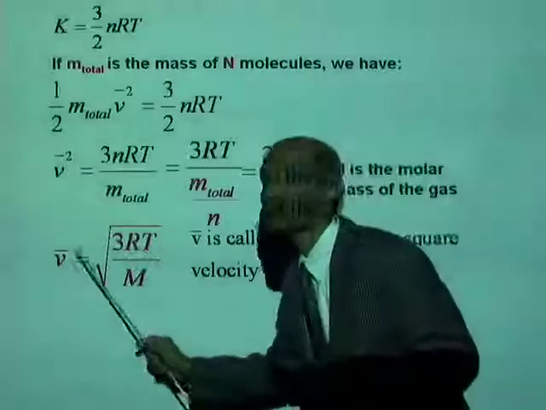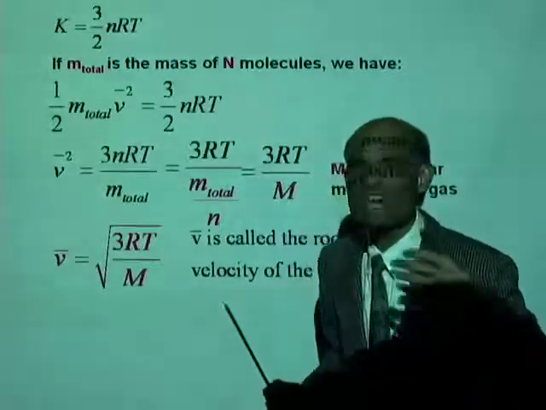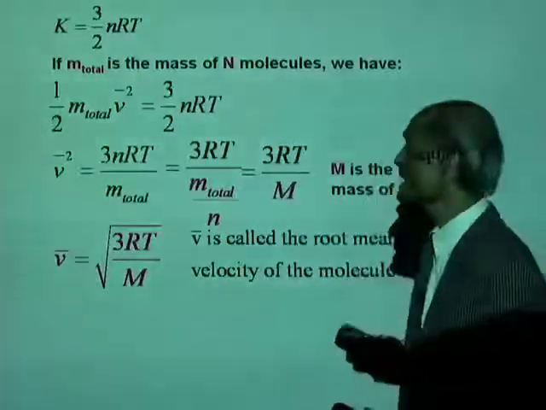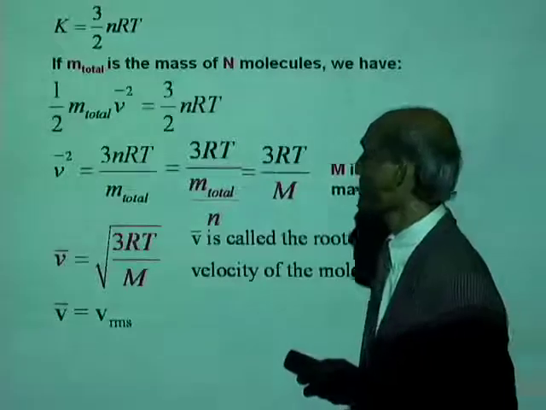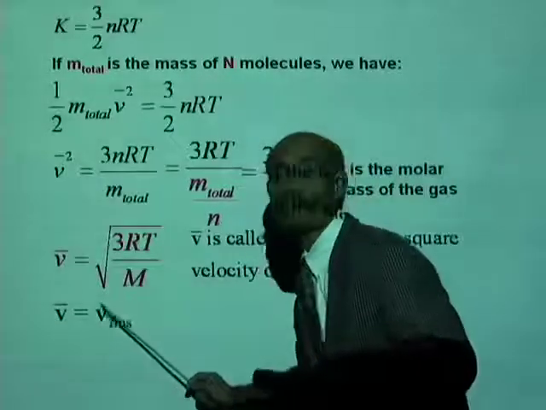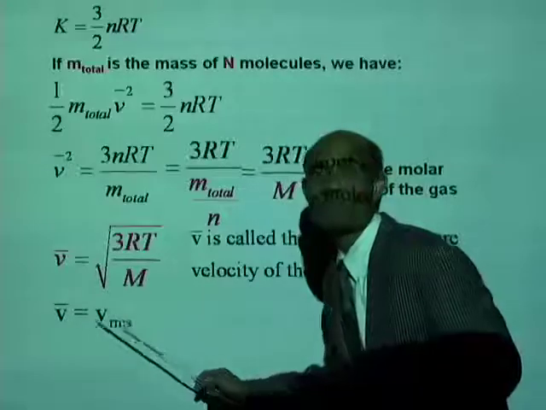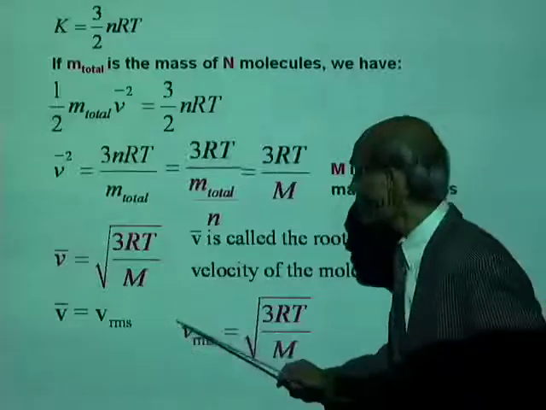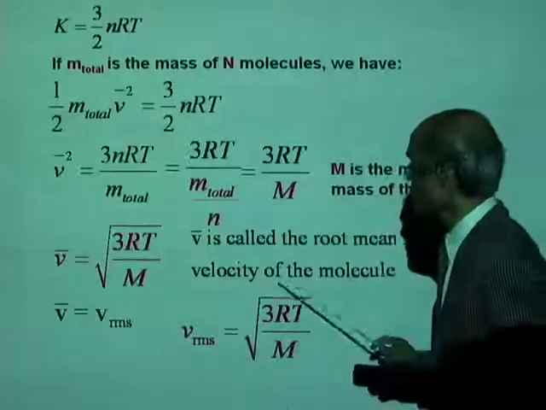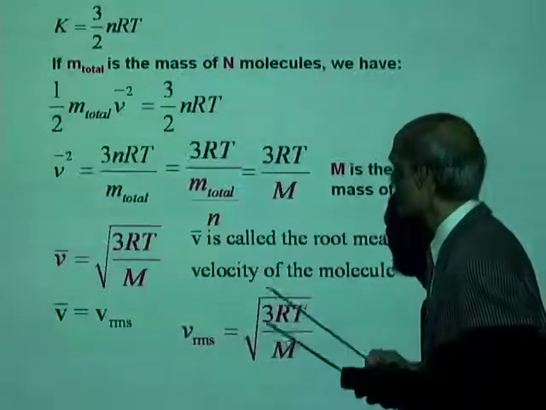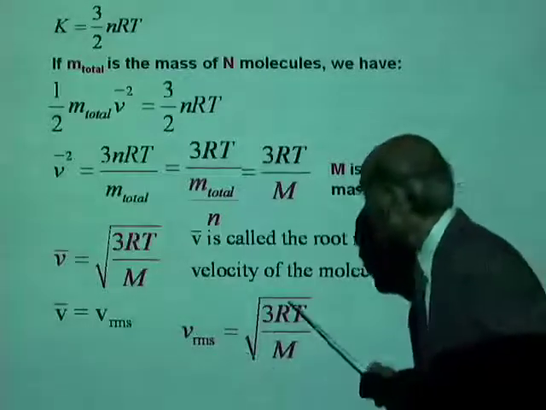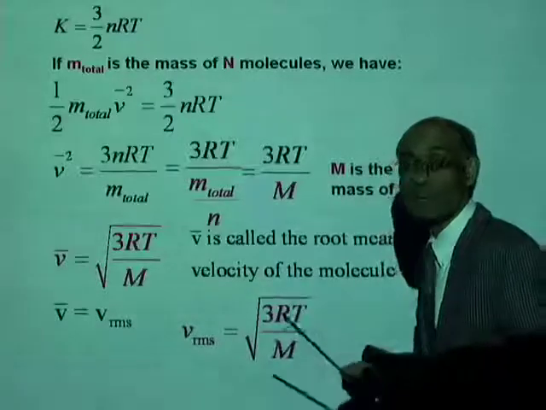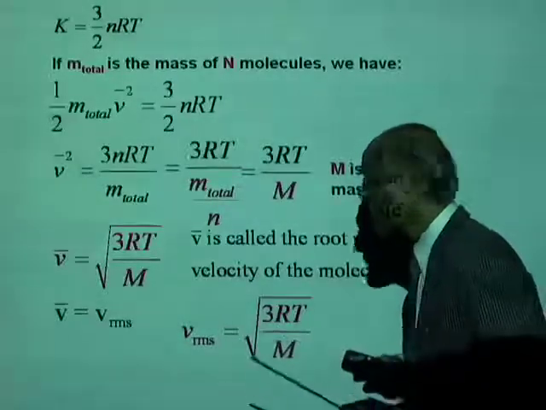So the root mean square velocity, you simply understand it as the average velocity of a molecule, is square root of 3RT over M. And we also very often call it vRMS. RMS stands for root mean square velocity. So vRMS equal to square root of 3RT divided by M, where R is the universal gas constant, T is the Kelvin temperature, M is the molar mass.